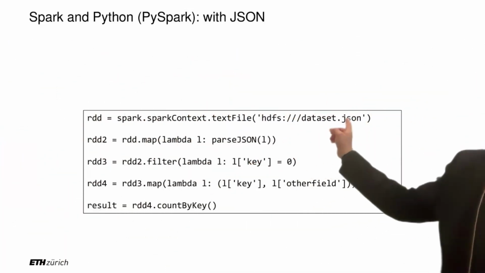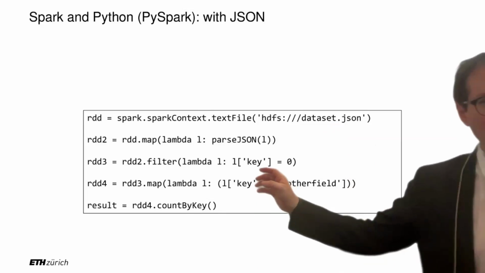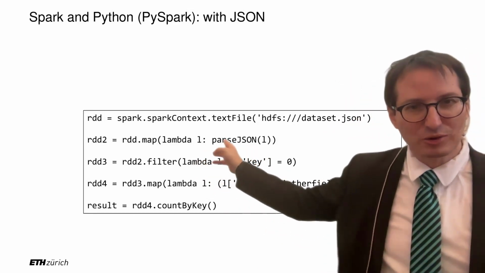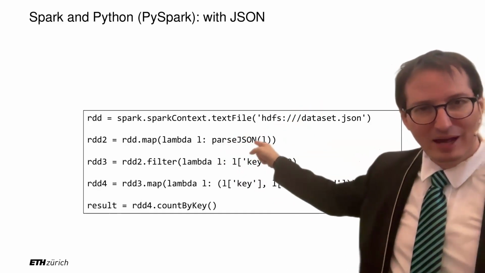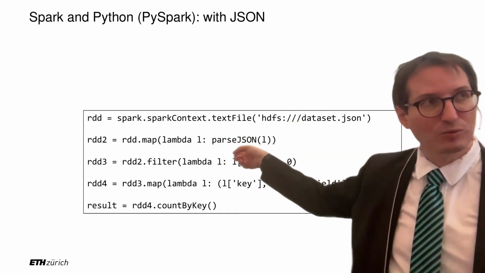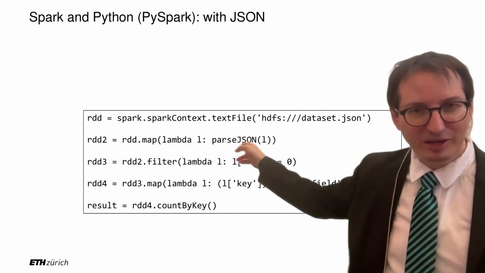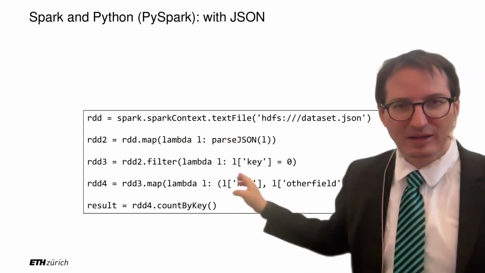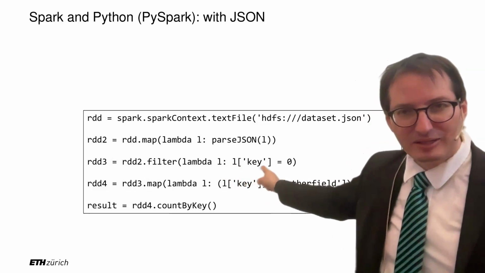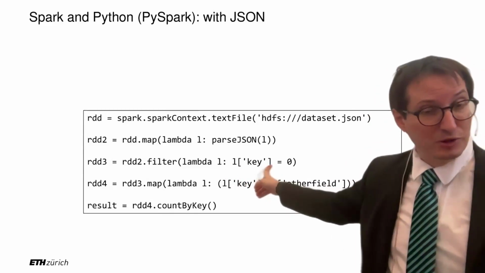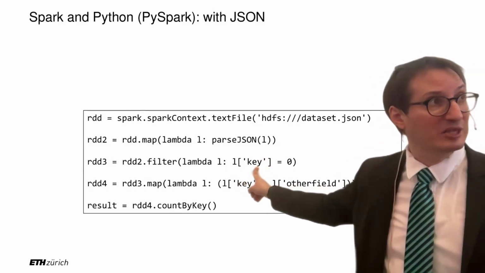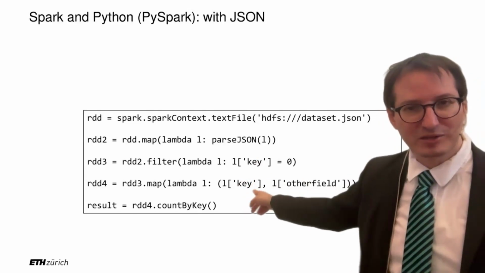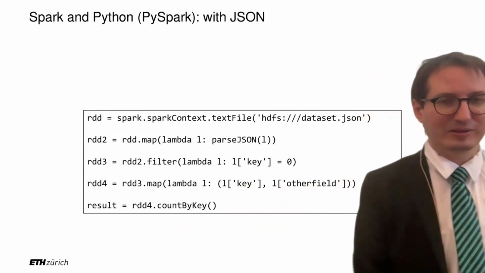So it means that if you want to process JSON, you have to manually use a Python library or a Python method to actually read the line and parse it to a JSON object, which is then a Python dictionary, a Python dict, and then you have an RDD of Python dictionaries, right? Then you can filter them. And again, here, that has nothing to do with Spark. This is just the Python syntax to navigate in a Python dictionary, right? And then again, here, you're navigating in Python dictionaries like this.